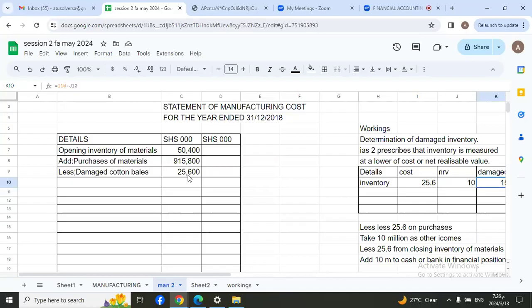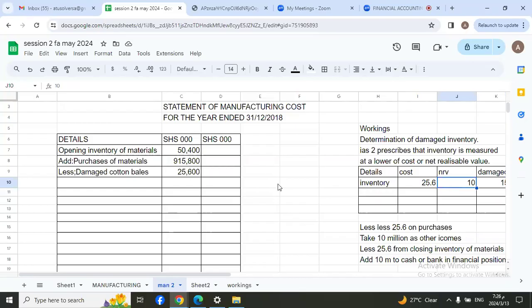Because remember, they have told us they have not taken it into consideration. So what we are saying is that out of this one, the 25, the whole of it was damaged stock. When it was damaged stock, what we realized was 10.